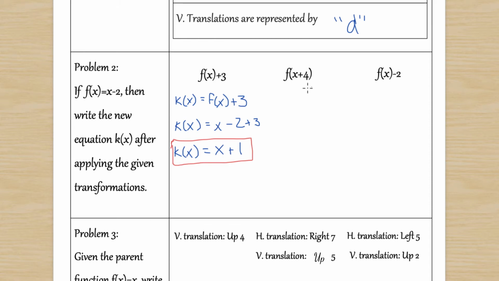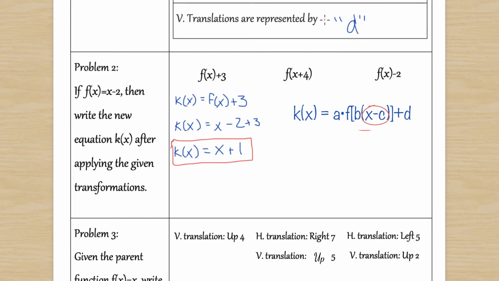This shifts the entire thing to the left 4 units, because if you look at our equation right here, it says x minus c instead of x plus c. So if c was 4, then our equation should have written x minus 4.